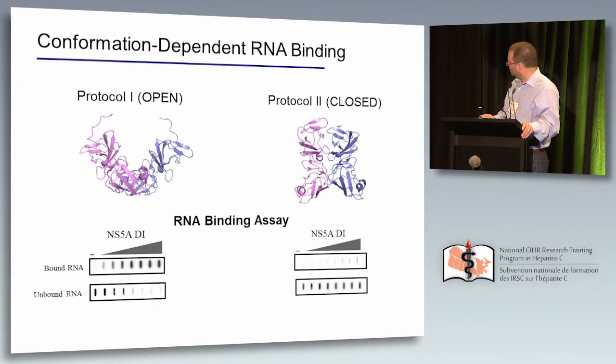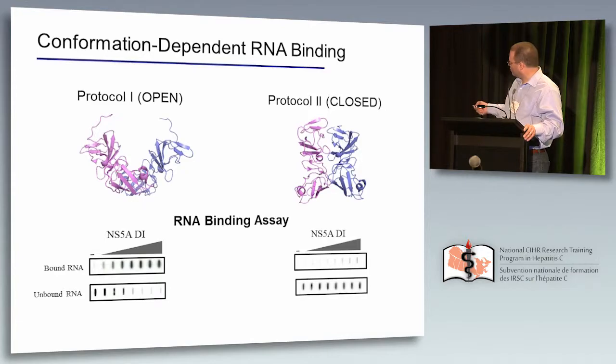What we have done is we used exactly the protocol for expression and purification of these proteins according to the first paper and according to the second paper. And what we found is that only if we use the protocol for the first paper, the Tellinghuisen paper, we actually do see RNA binding.